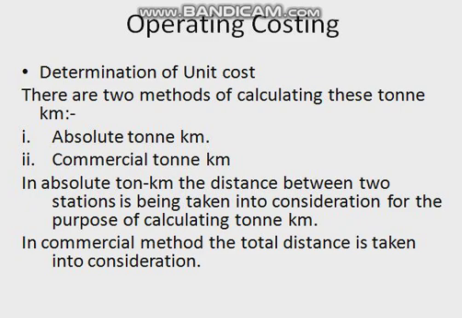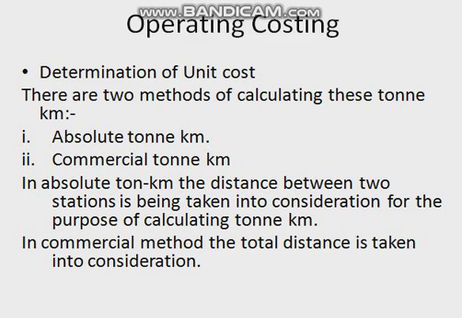So in this absolute ton kilometer, the distance between two stations is considered for the purpose of calculating ton kilometers. Now we come to the second method, that is commercial ton kilometer. If we apply commercial ton kilometers, then what will be the cost unit? Here we take the total distance covered.